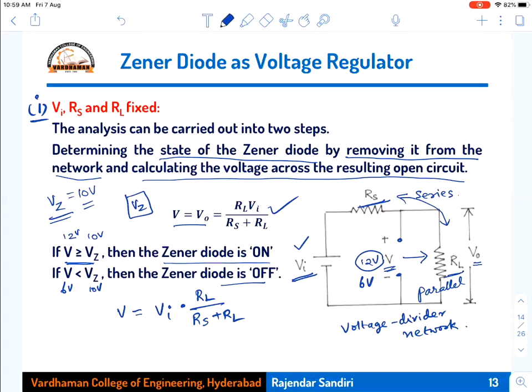It will operate as a voltage regulator circuit provided the diode is on and operated in the breakdown region; only then will we use that diode along with the circuit as a voltage regulator. So if the diode is off, that circuit will no longer operate as a Zener diode voltage regulator. Okay, that is one thing.